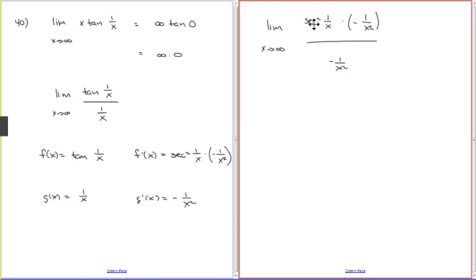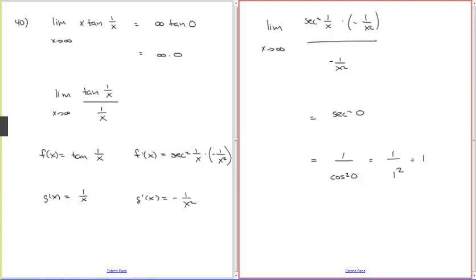Let's start over again. The argument is 1 over infinity, which is 0. So these cancel out, and we have the secant squared of 0. That's the same as 1 over the cosine squared of 0. The cosine of 0 is 1, so we get 1 over 1 squared, which is 1.